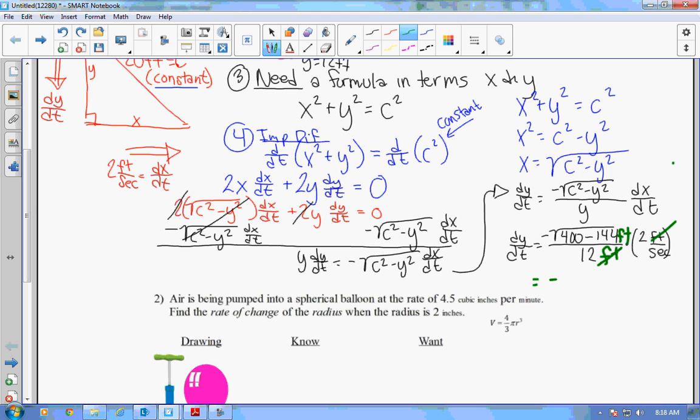So we have negative root 400 minus 144, times 2, 256, is that right? And over 6, because 12 divided by 2 is 6, feet per second. This one doesn't come out nicely.